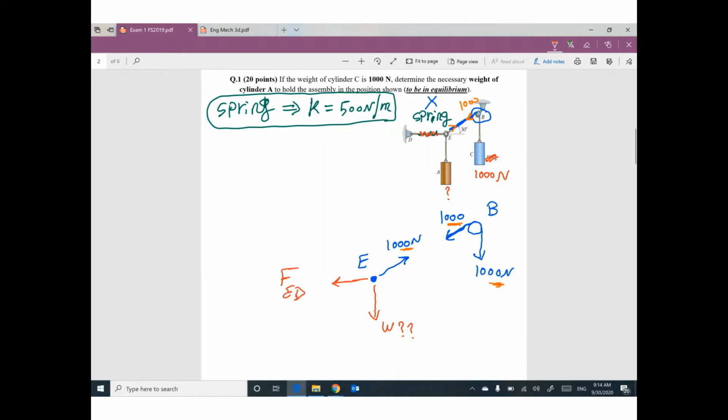So if you have a spring in your problem, it's not a big deal. It's a force. ED is a spring, I don't care. It's a force. So we have particle E in equilibrium.